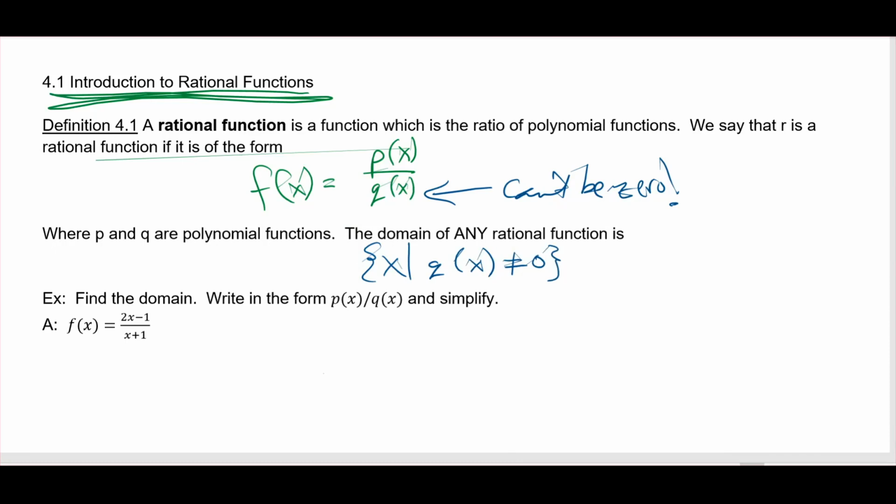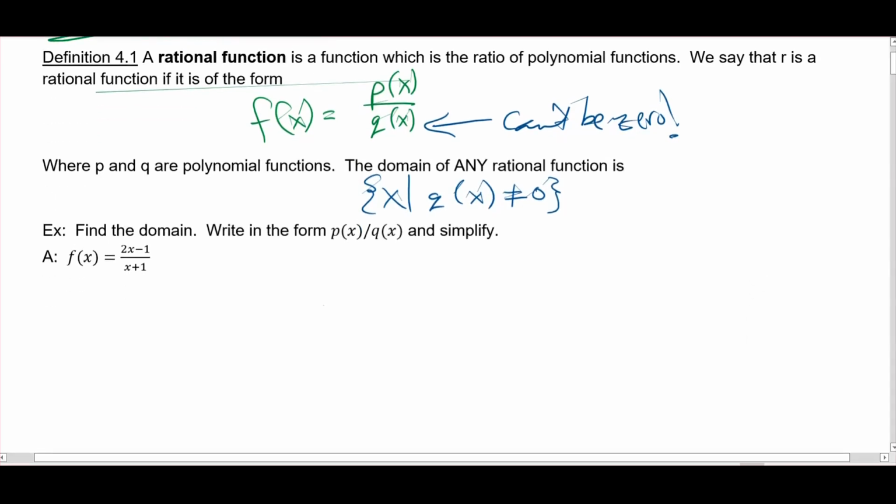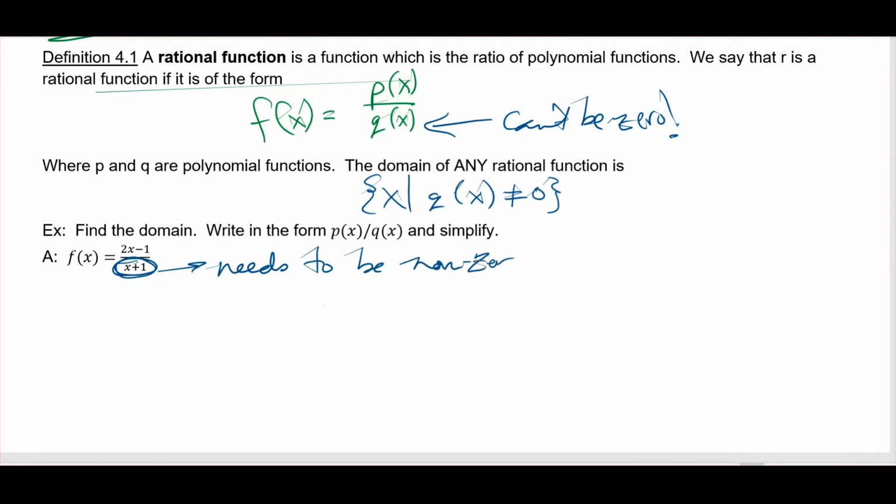So what we're going to do to find domains, and we've already done this before, is that the stuff in the denominator needs to be non-zero. So what we do is we just find the x value that makes it 0, right?